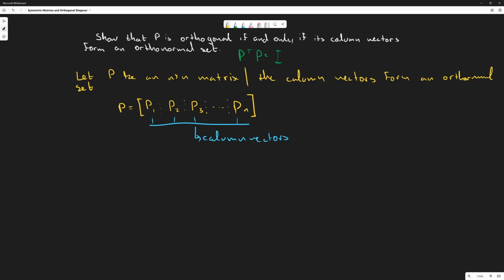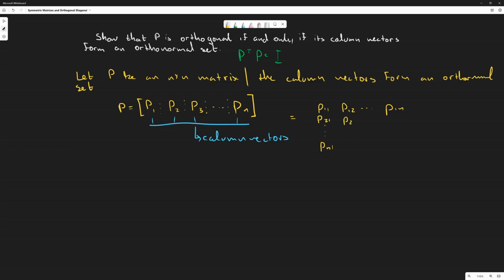And if we want to expand it through the entirety of everything, you write it as P11, P12, all the way to P1n, and this would be P21, all the way to Pn1.